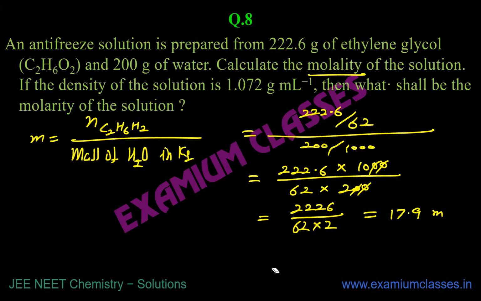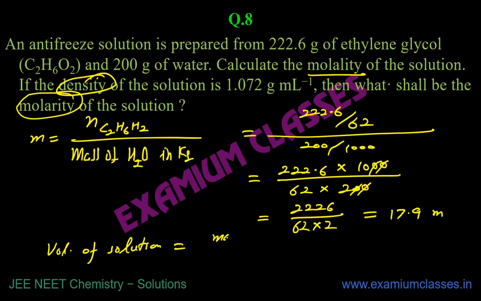Now the next part is, if the density is given, you need to calculate the molarity, and you know that from density you can get the volume of solution. Volume of solution will be equal to mass of solution divided by density, and mass of solution is both this one plus this one.